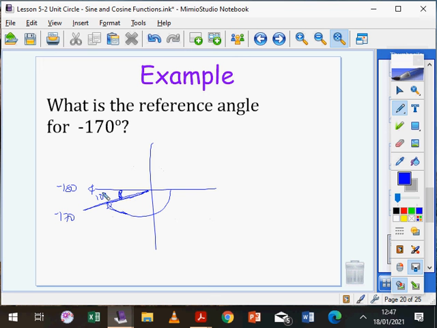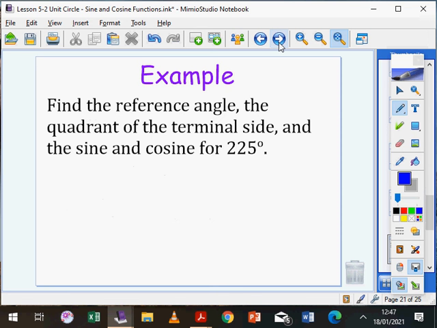Find the reference angle, the quadrant of the terminal side, and the sine and cosine for 225. 225, first figure out which quadrant it is. It's not 270 because this is 270, and it's not 180, so it's in between 180 and 270, right? First, find the reference angle, the angle off the x-axis.